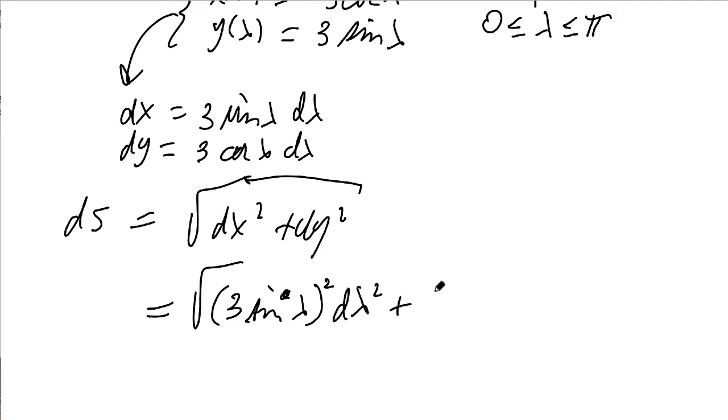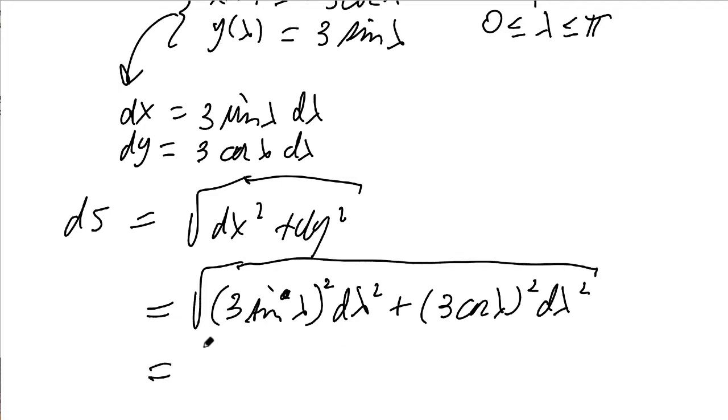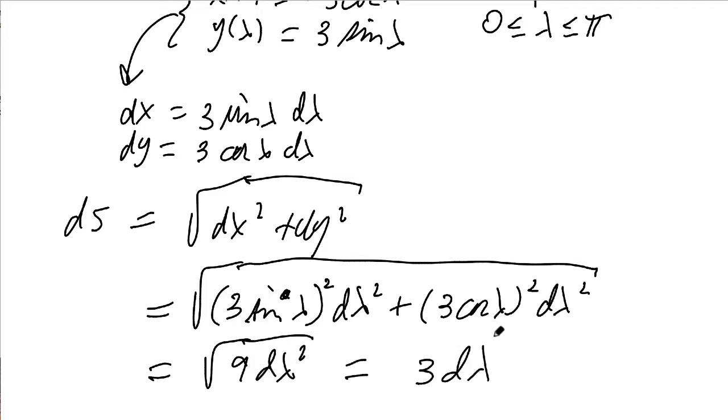That's the dx squared, plus 3 cosine lambda quantity squared d lambda squared. Okay, so simplifying, this is just square root of 9 d lambda squared, or in other words 3 d lambda.